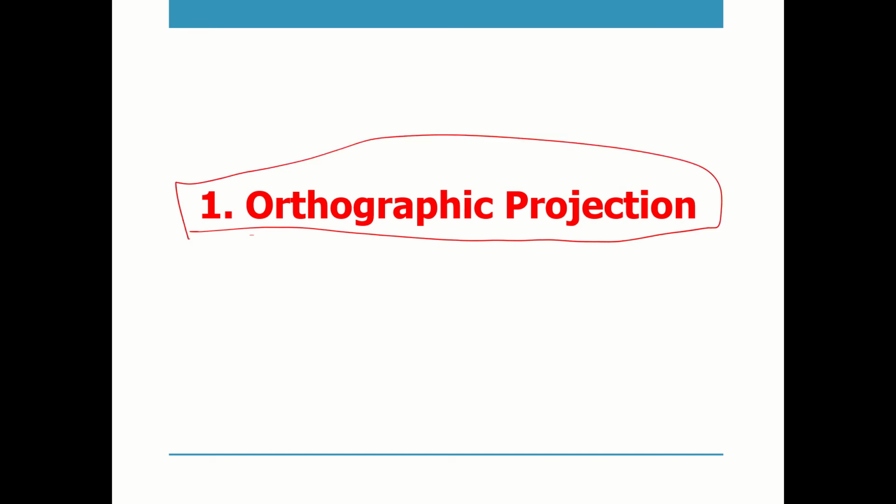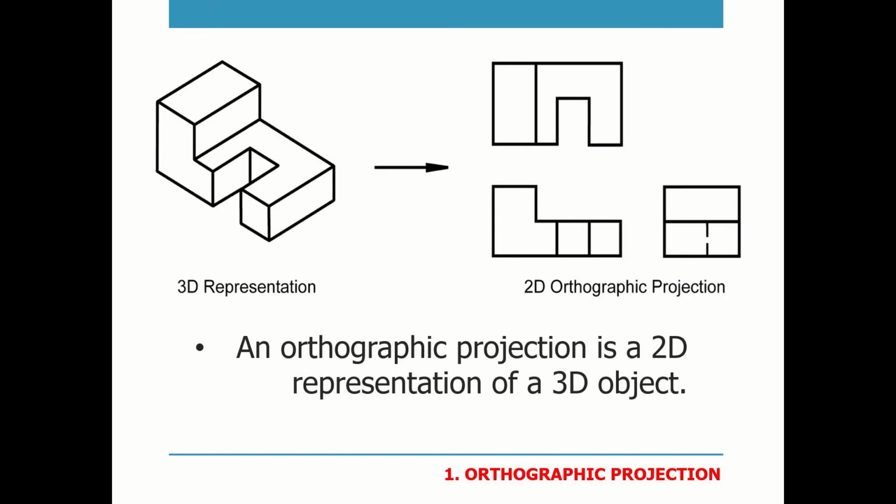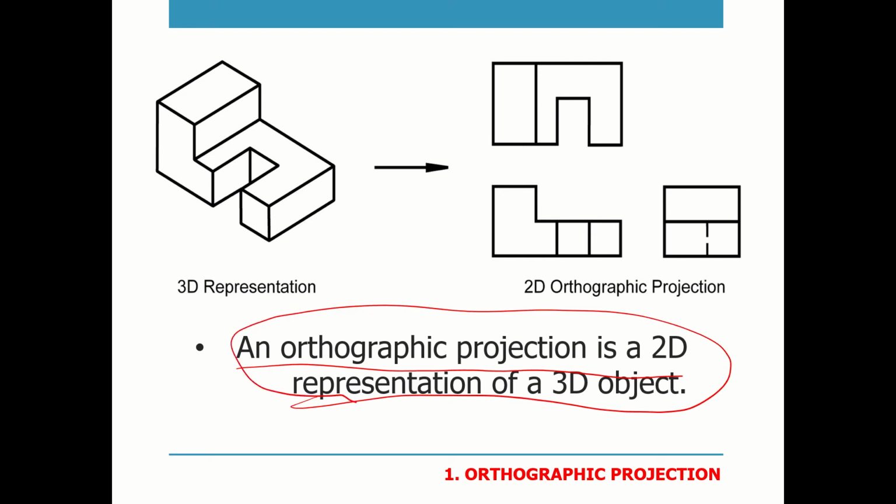In orthographic projection, there are certain basic things that we should keep in mind. What is orthographic projection? An orthographic projection is a 2D representation of a 3D object. This is the simplest definition that we can write. What are 2D representations?